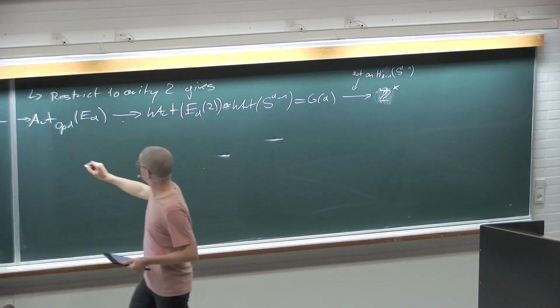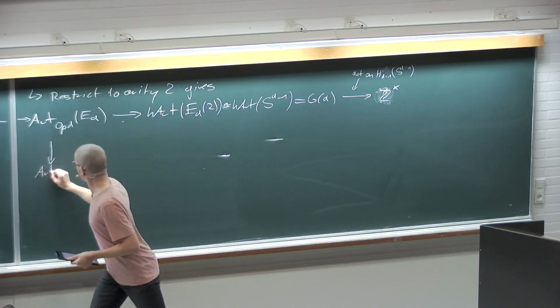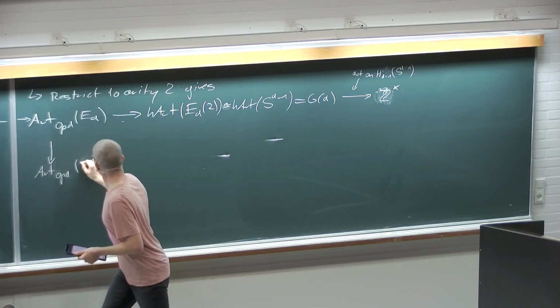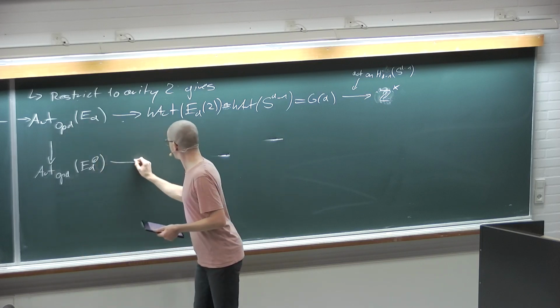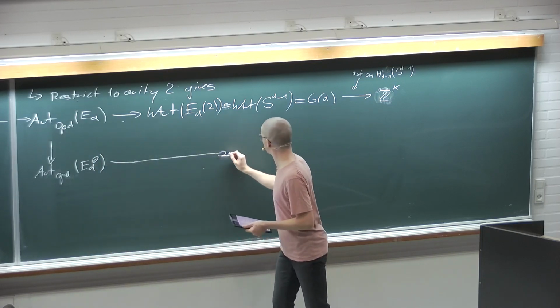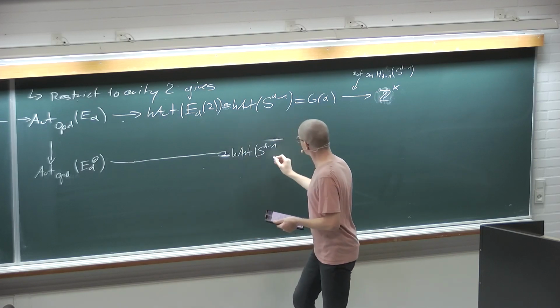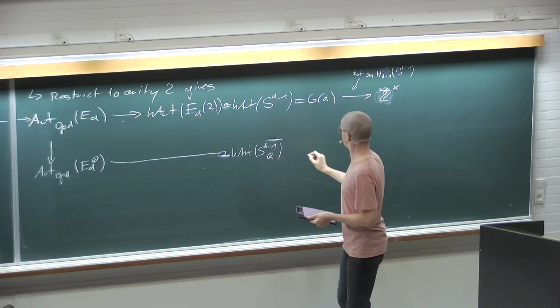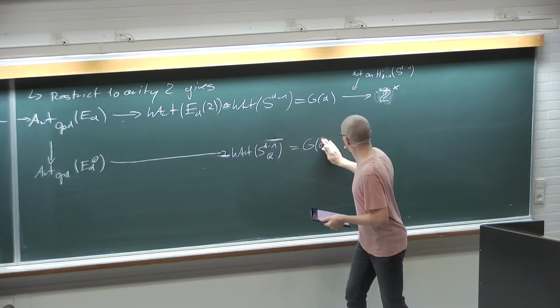Okay, then I can play further games. I can rationalize this operad. I can go to the automorphisms of the rationalized E_d operad. That will have the effect of rationalizing all the operation spaces. So by restricting to arity 2, I get a homotopy automorphism of the rationalized (d-1)-sphere.